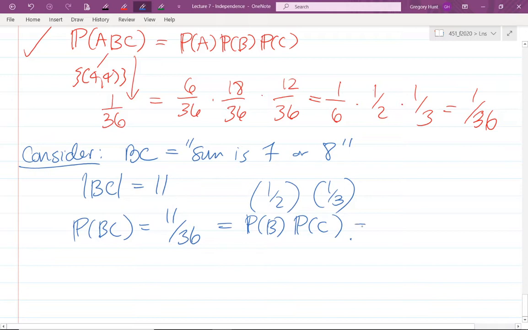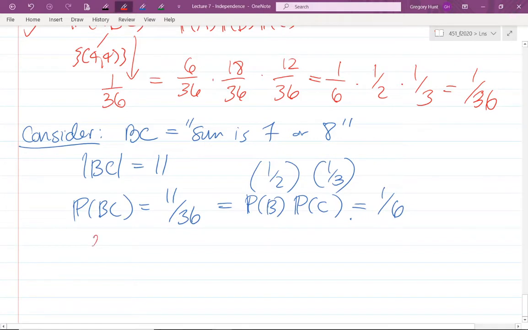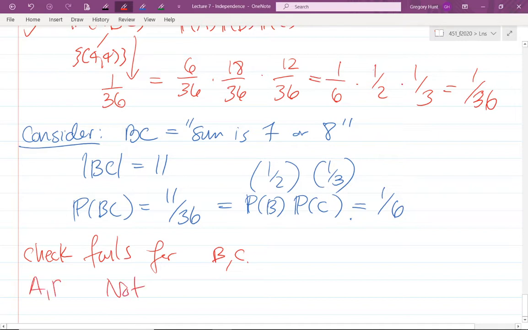And so this side is 1/6, which is definitely not 11/36. So the check fails for subsequence B, C, let's say. And so A, B, C are not mutually independent.